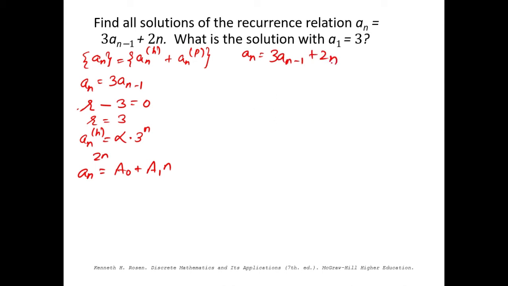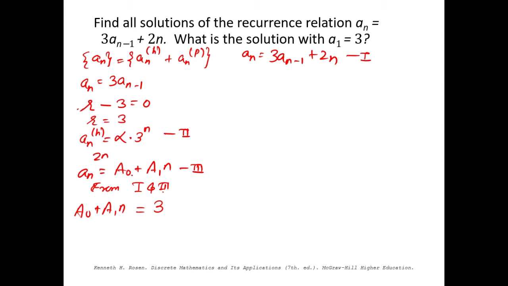Let's call these equations 1, 2 and 3. When we equate from 1 and 3, the LHS is an, so we get a0 + a1n = 3 into an-1 plus 2n.